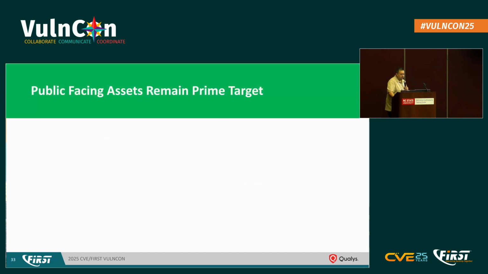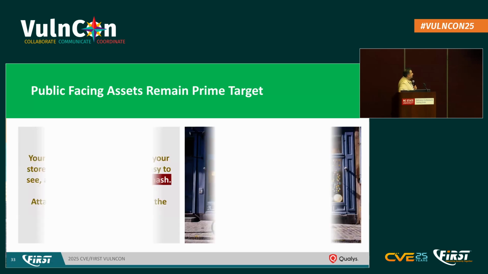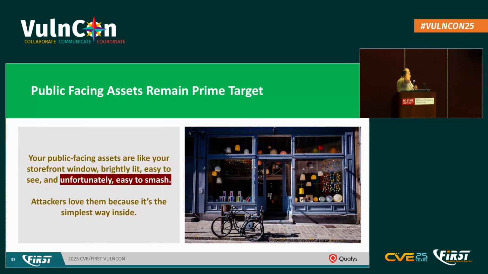Basically what we are seeing is that anything public facing is a prime target, and they are being abused on a daily basis. And the way that you need to look at it is that public facing systems are similar to a storefront: very visible, very easy to see, bright.